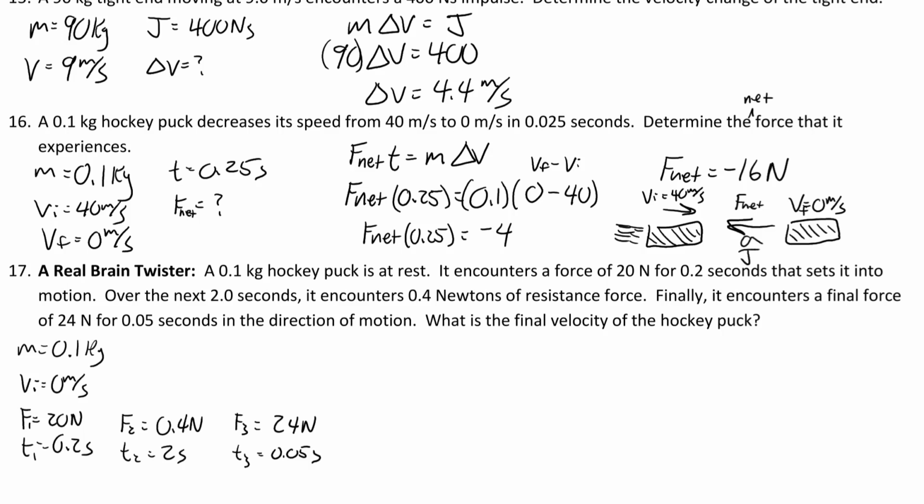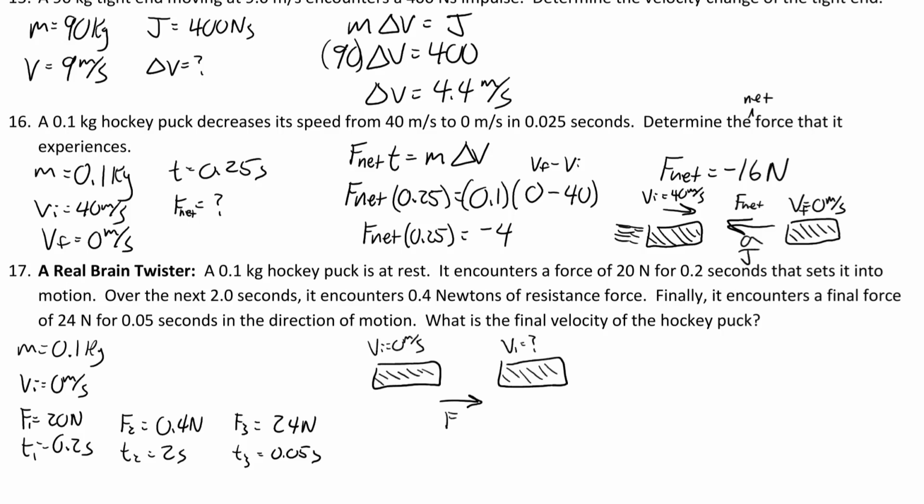It asks, what is the final velocity of the hockey puck? So you have your puck, initially at rest. Then you push on it, so there's a force being exerted this way, giving it a new velocity. But we don't know what the velocity is, so V1 we don't really know.